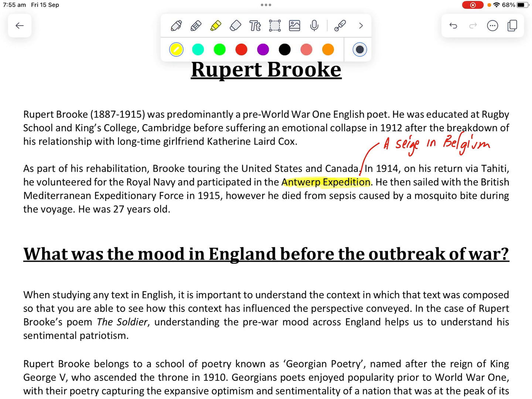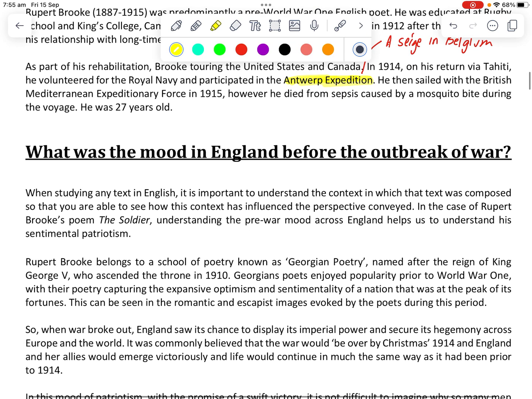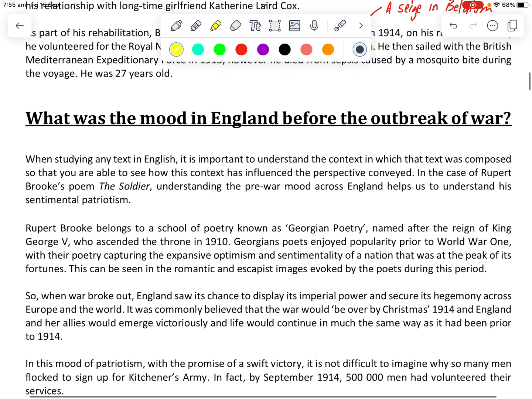I do just want to draw your attention down to a couple of key terms that will not just help you understand this unit, but improve your vocabulary for a lot of what we do in English. Probably one of our main paragraphs is down here.